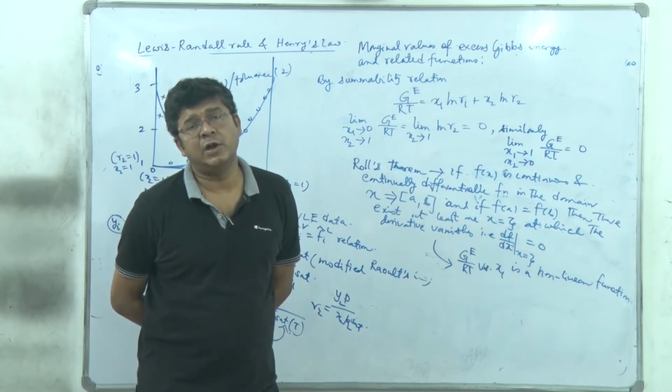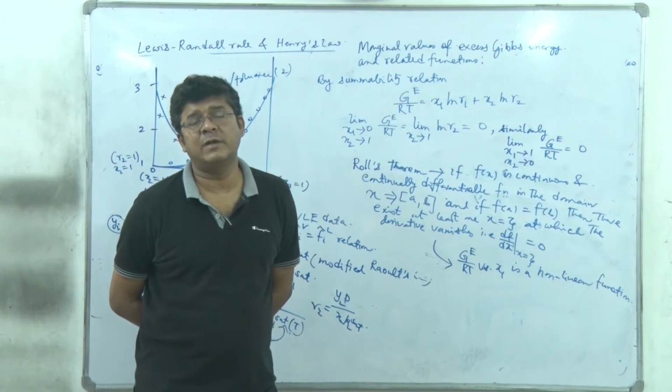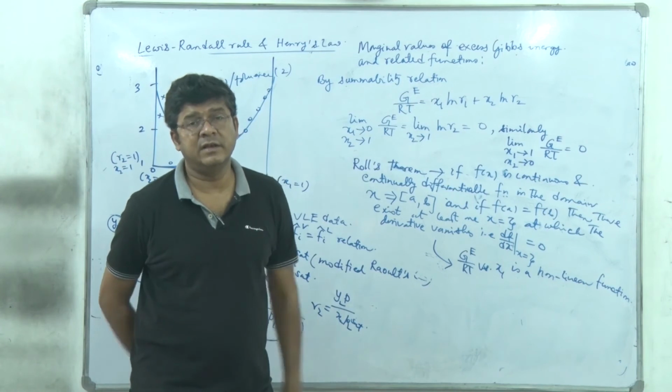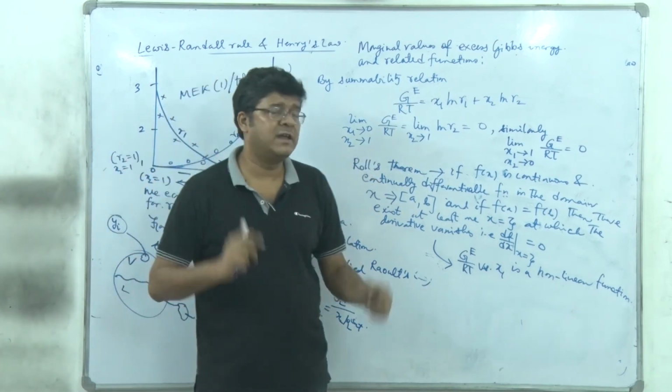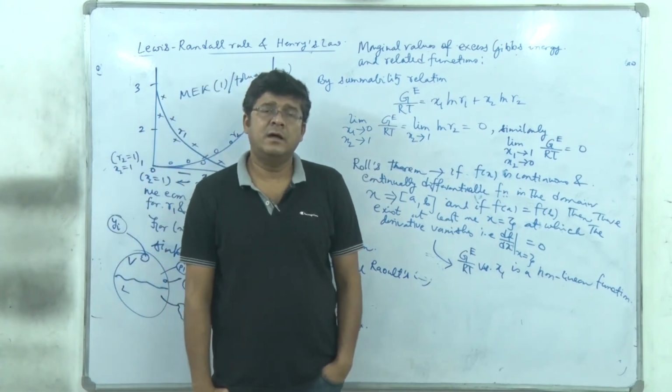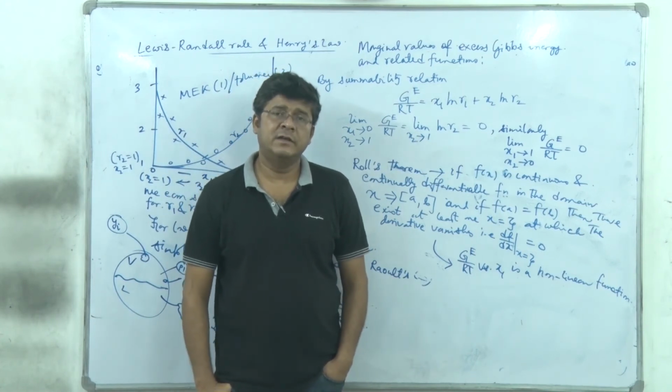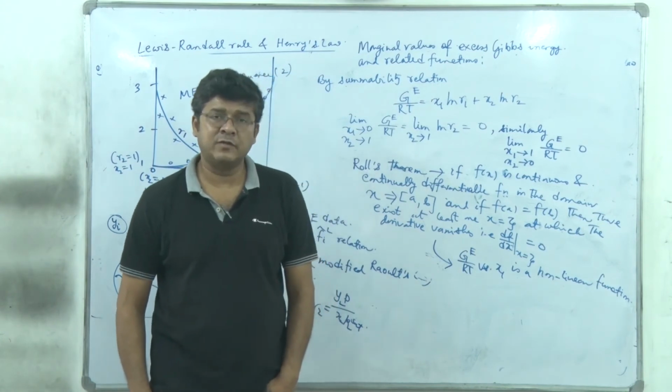Instead we plot minus log of Ca by Ca naught with respect to t, which is linear. It's expected that it will give a linear profile provided the equation satisfies this first order kinetics.